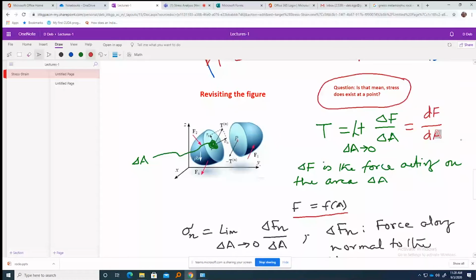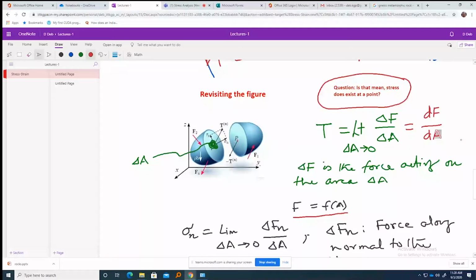Then does the stress exist at a point? The answer is yes, because ultimately it's a derivative of the force at a particular area, or at a particular point in that area.